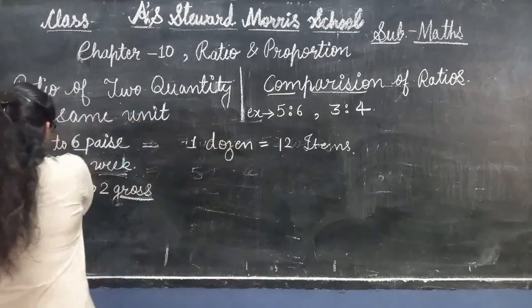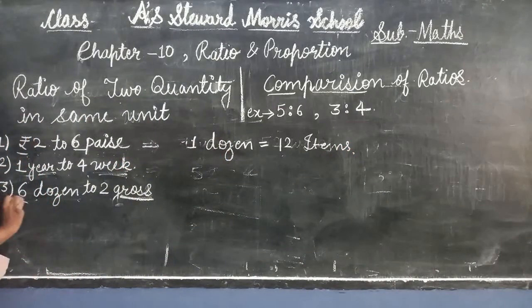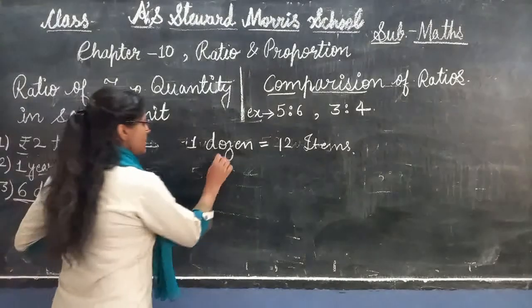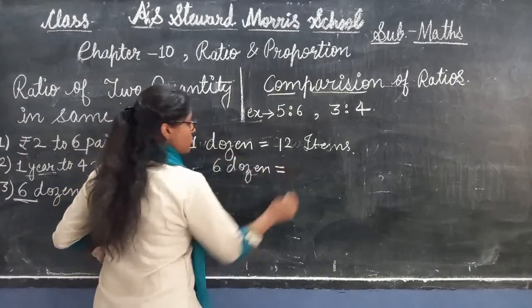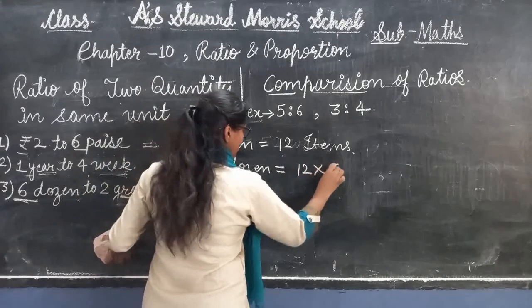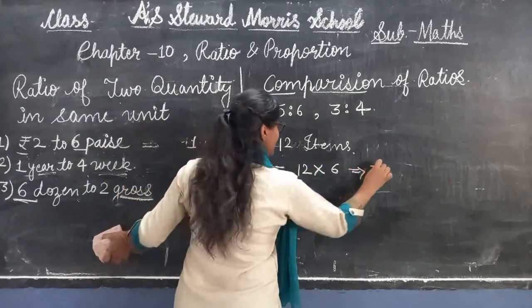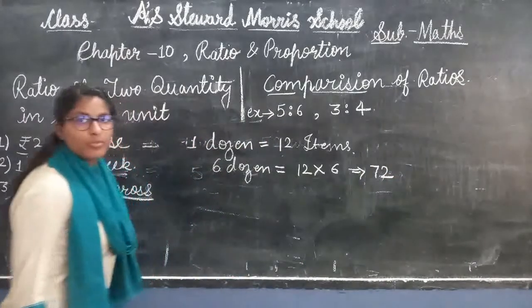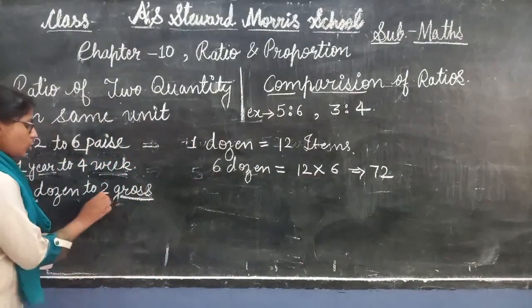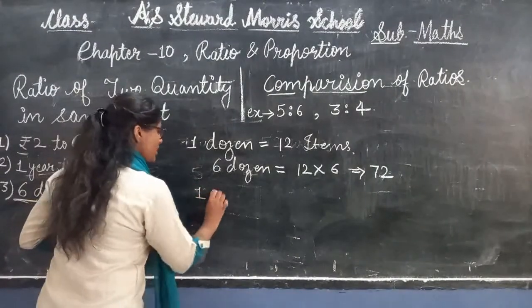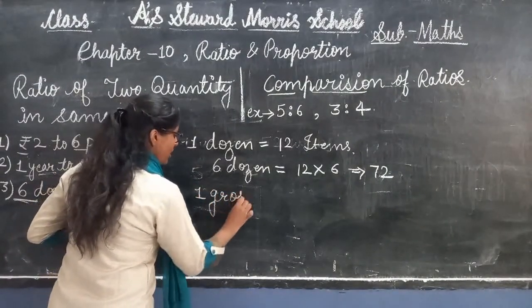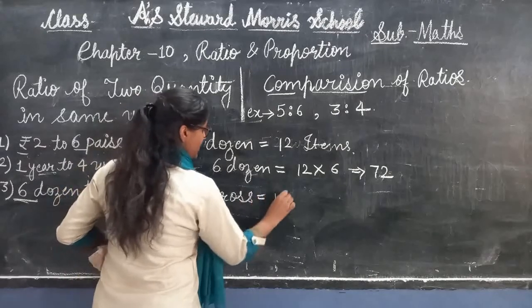Here 6 dozen is written. So 6 dozen is equal to 12 into 6, and that is 72. Got it? Next is 2 gross. You know very well 1 gross is equal to 144 items.